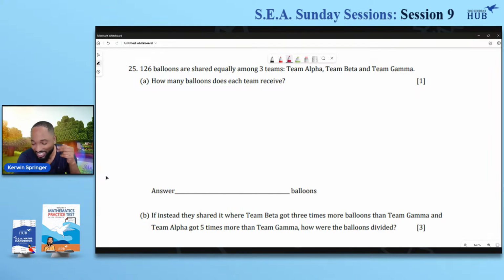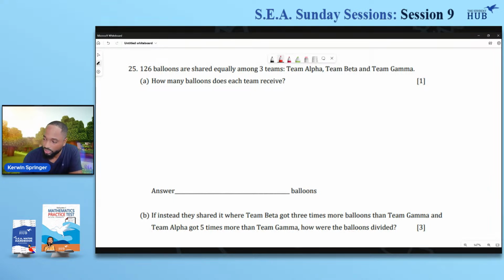And it's so hard. 126 balloons are shared equally among 3 teams: Team Alpha, Team Beta, and Team Gamma. So when I keep repeating the questions, go over the same exact questions, and try and see if you can understand them in the end.